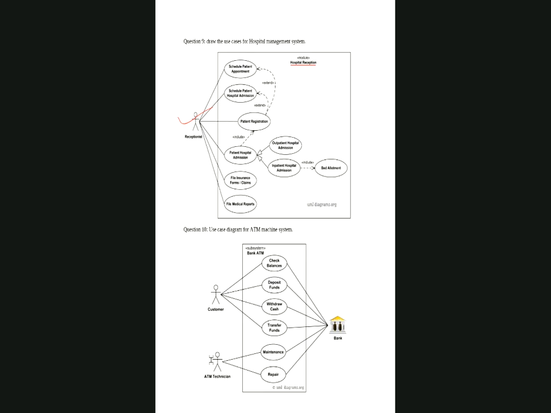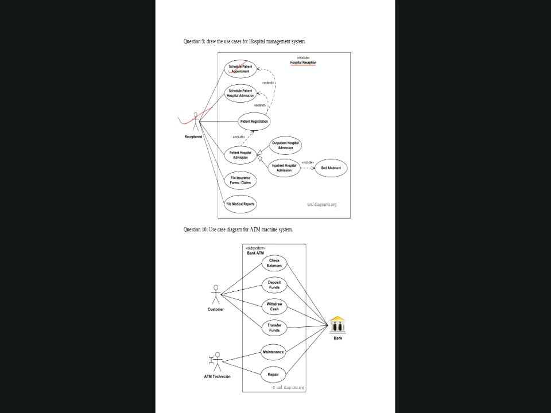Now what is the job of the receptionist? You have to put that in this box. What can the receptionist do? When you go, the receptionist will say, you have to come with an appointment. You cannot go directly to meet the doctor. It means the receptionist is scheduling an appointment for the patient. Now another thing is, suppose there are cases of emergency.